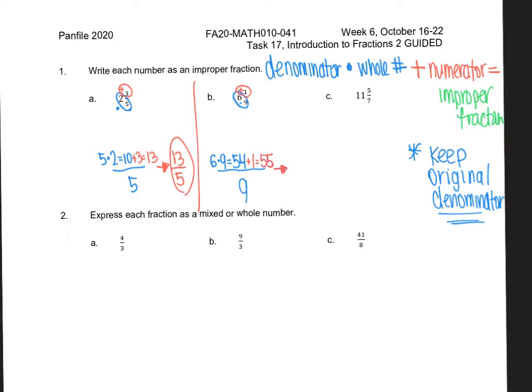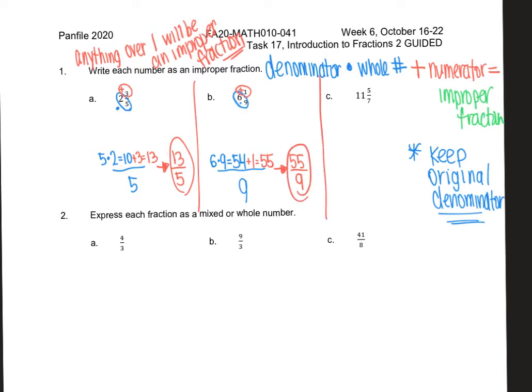So if I rewrite that, I get 55 over 9. So you see how that becomes an improper fraction. If it's a mixed number, it will definitely be an improper fraction because anything over 1 will be an improper fraction. And we'll talk more at the live about why that is.